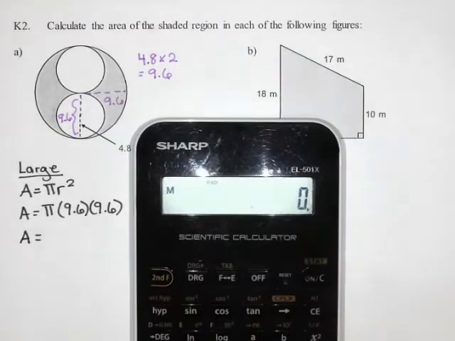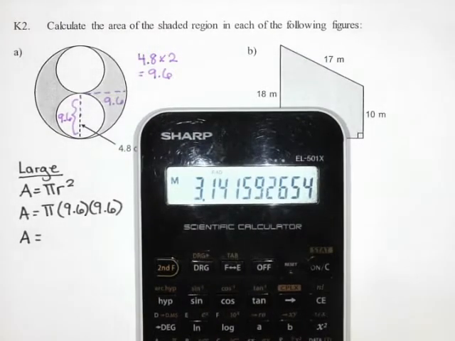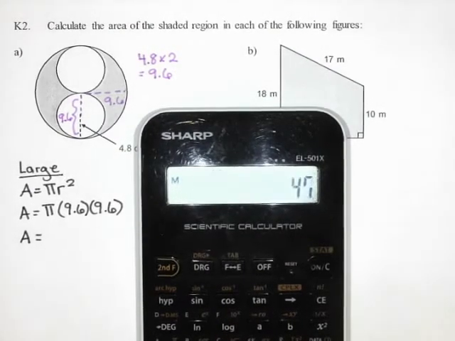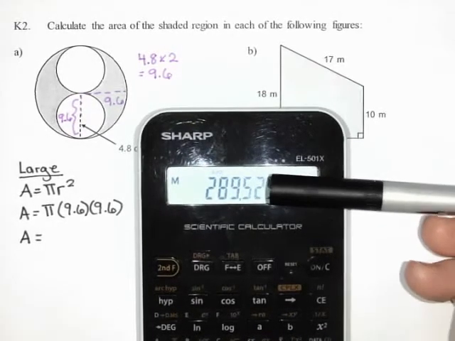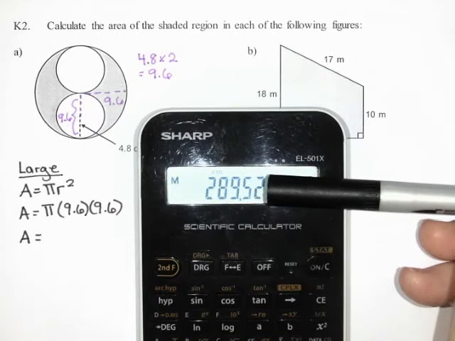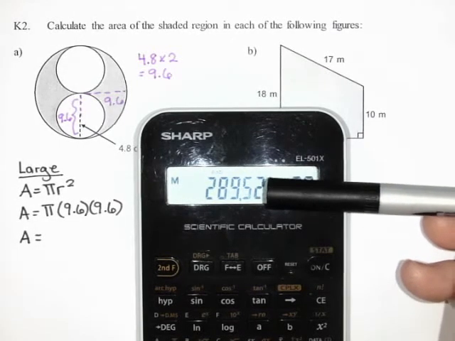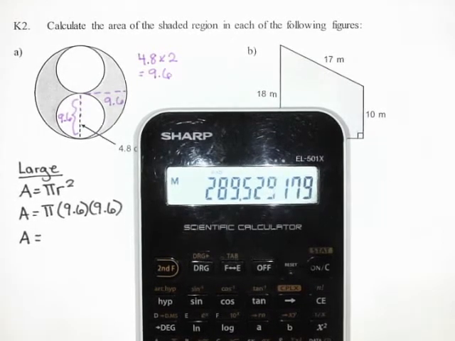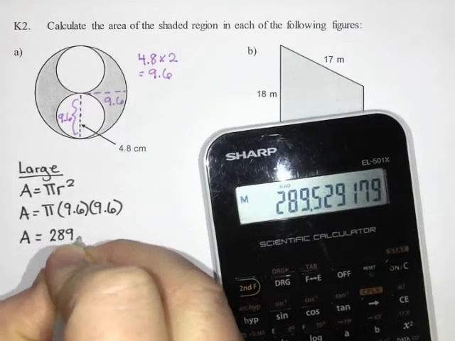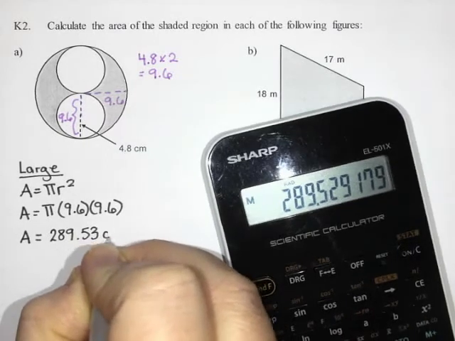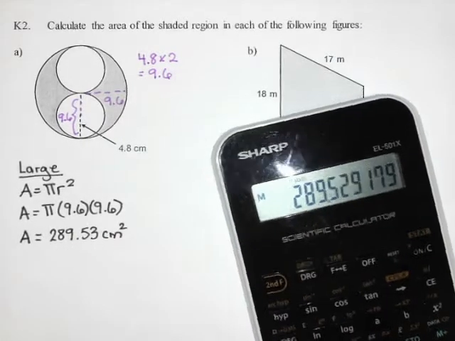So pi times 9.6 times 9.6 is approximately 289.5, the next one's a 9, so it's going to push that up to 5.3. So 289.53. And that is centimeters squared because it's area.